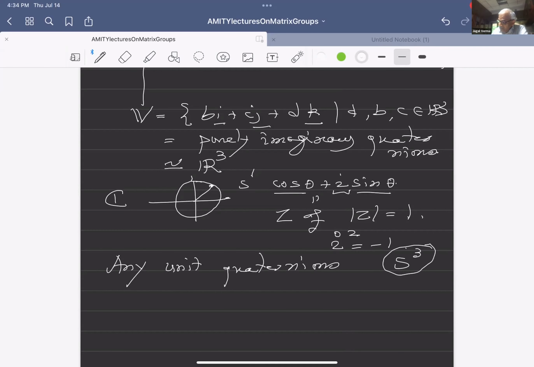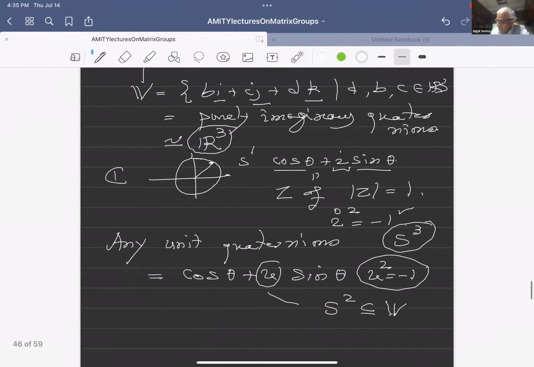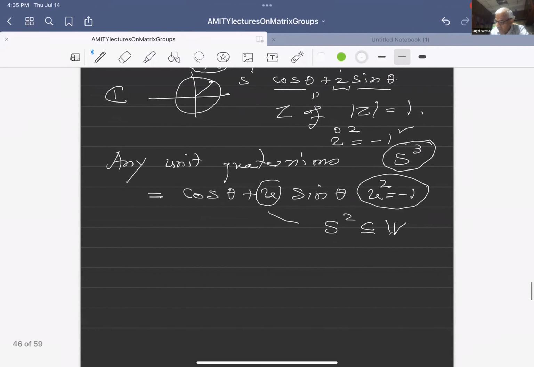We'll see that this u can be chosen from the 2-dimensional sphere contained in V. V is a 3-dimensional vector space, and inside it I have a 2-dimensional sphere. The quaternions corresponding to points on this 2-dimensional sphere, we write as u, and all of them satisfy u squared equals -1. So I first want to explain this representation of unit quaternions.